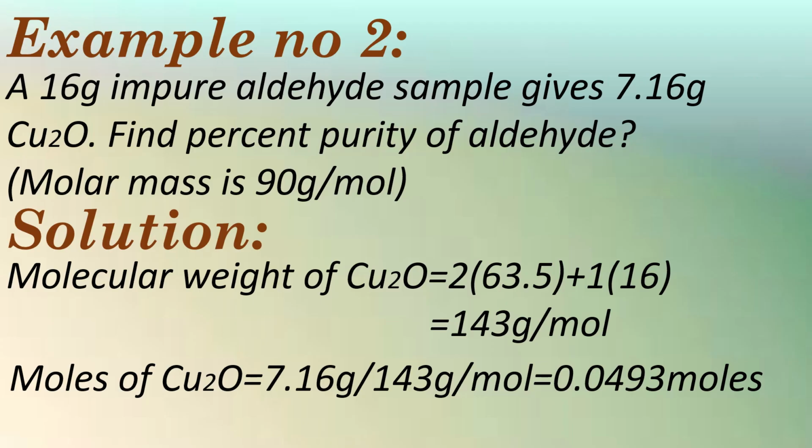Now we have calculated molecular weight of copper 1 oxide. Mass of copper 1 oxide is already given in the example. We will calculate moles of copper 1 oxide is equal to mass 7.16 gram divided by molecular weight 143 gram per mole. After solving, moles of copper 1 oxide is calculated to be 0.0493 moles.